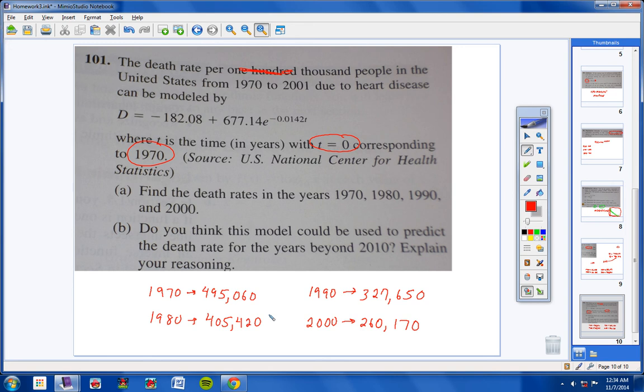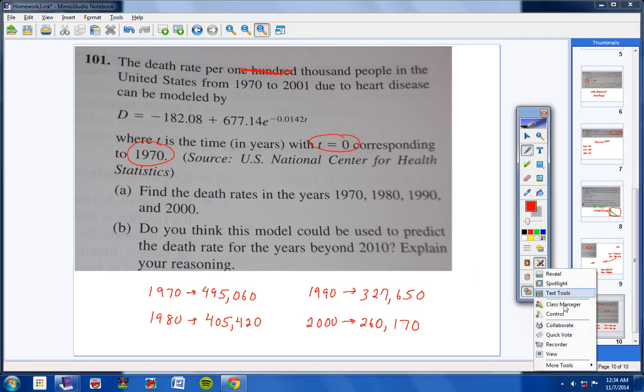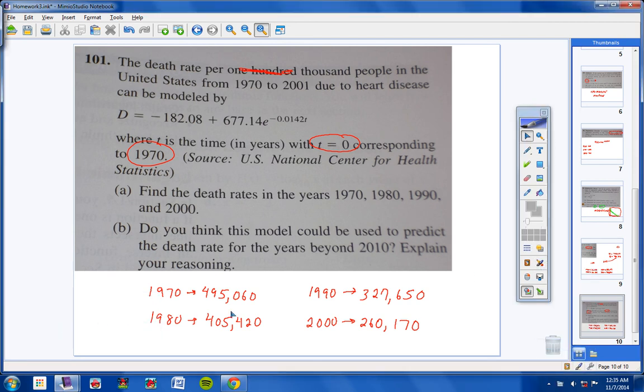Now, part B says, do you think this model could be used to predict a death rate for the year 2010? Well, students, what I did is I went ahead and put 40 in for T, which would give me out the death rate for 2010 according to this model right here.